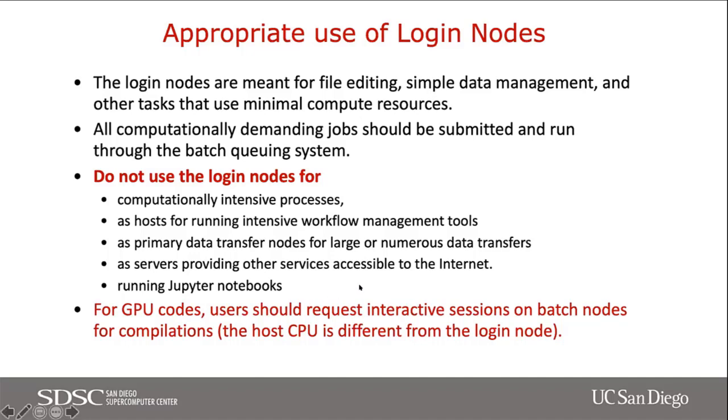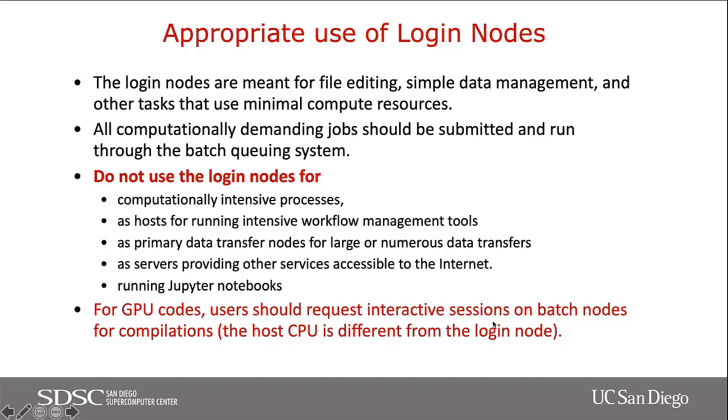The one other big difference, I think, between Comet and Expanse is the GPU nodes, as you may remember from the earlier talk, basically have different CPUs. So if you're doing compilations for the GPU nodes, it's best to request an interactive session and do a compilation, since this host CPU is different.